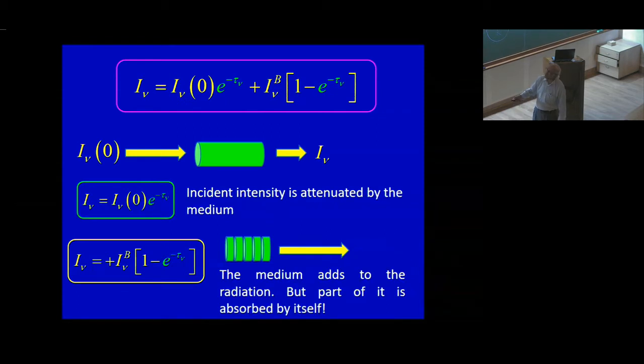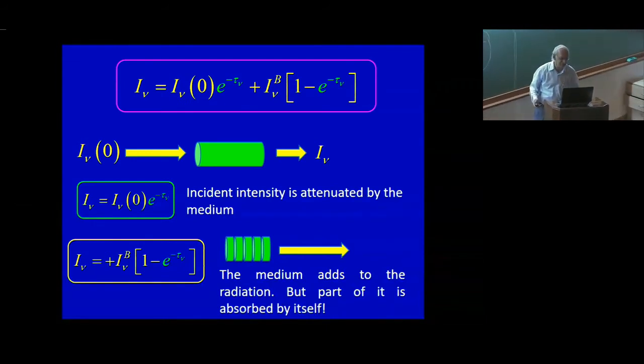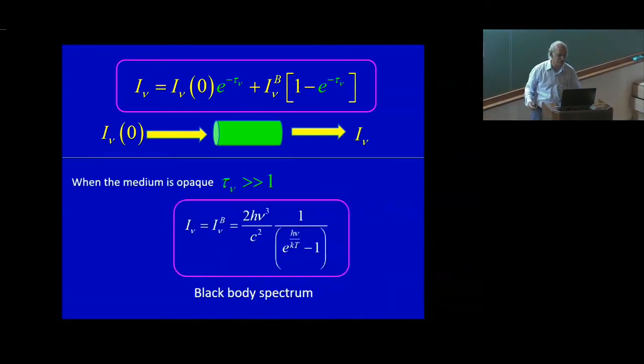Therefore, the first term is the incident intensity attenuated. The second term is the intensity added by the body, but also absorbed by itself, self-absorbed by itself. So that is the equation of radiative transfer. Okay? At some stage, we owe it to Karl Schwarzschild for teaching us all these things.